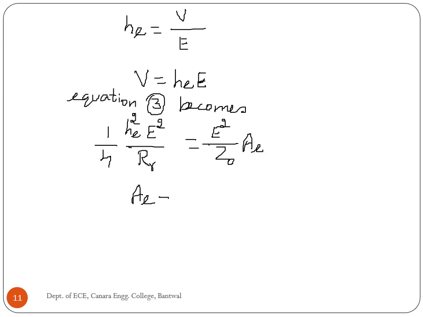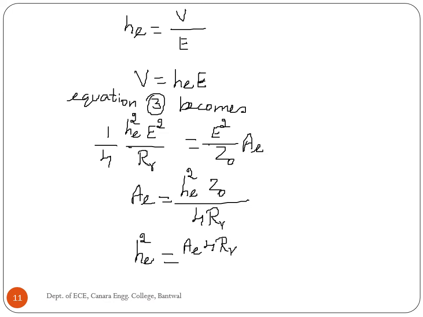Therefore, AE is equal to HE square into Z naught divided by 4 RR. So, effective height HE square is equal to AE 4 RR divided by Z naught.